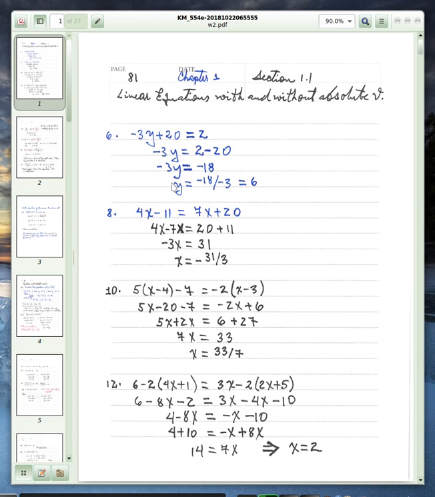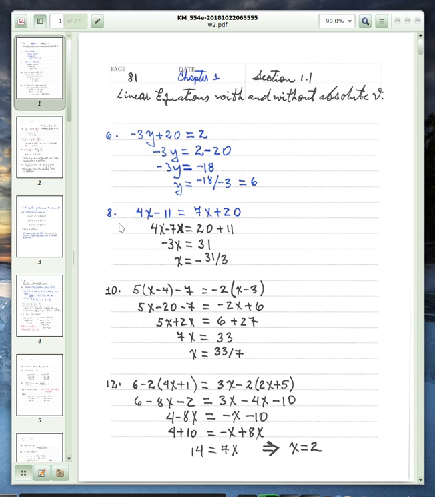And again, here I am moving negative 3 to the other side, from a multiplying position to a division position, the same way that 20 was moved from an addition position to the other side to a subtraction position. So the answer in question 6 is 6.